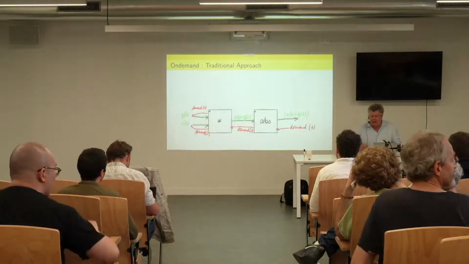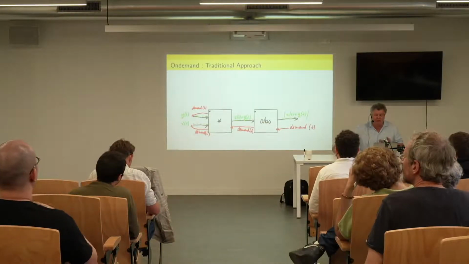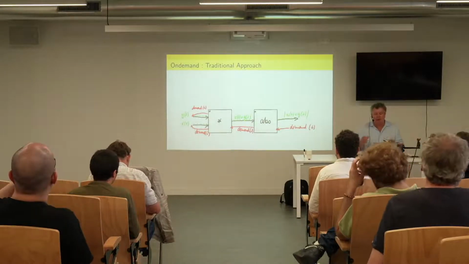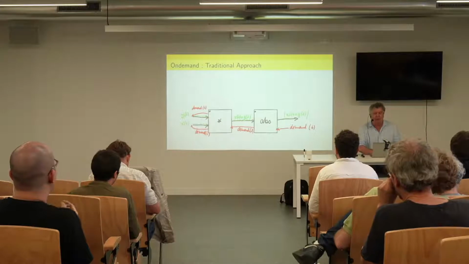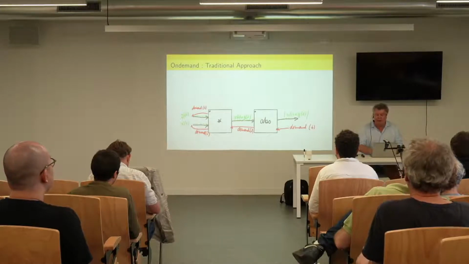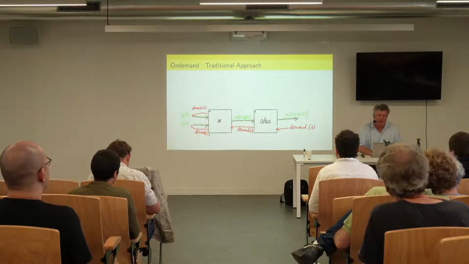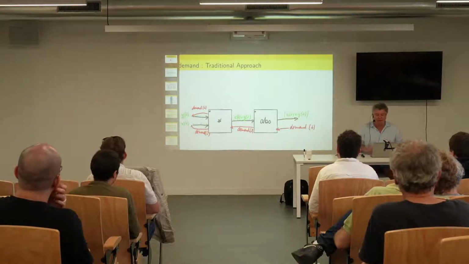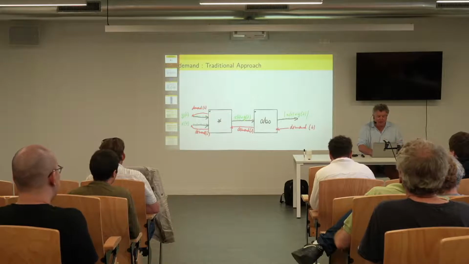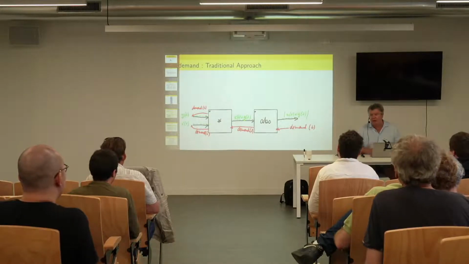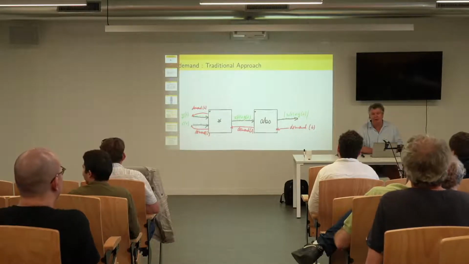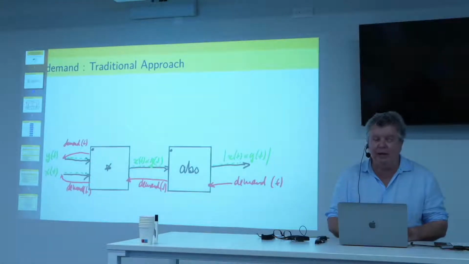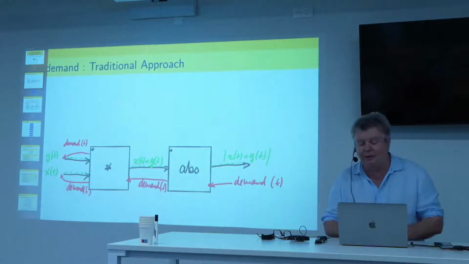So basically, the traditional way to see on demand is that you have some circuit, and you want not to compute every sample, so you send the demand to the output, and the output sends the demand to its own arguments, so to speak, until you reach, for example, the real audio inputs or sensor inputs, etc. And then the computation can take place.